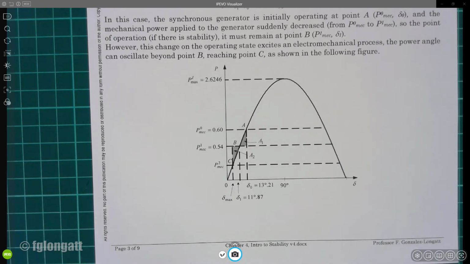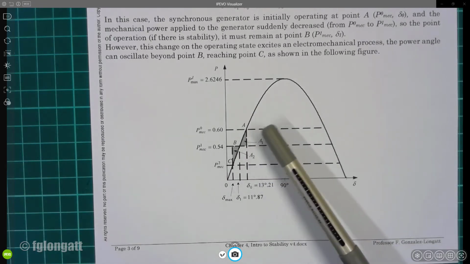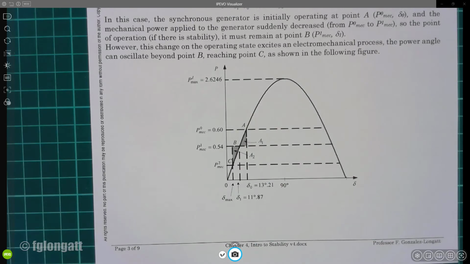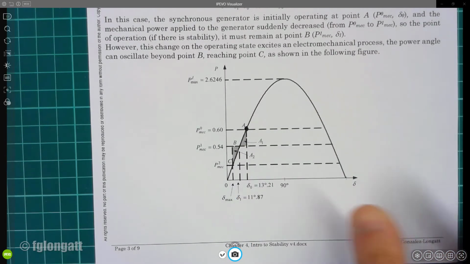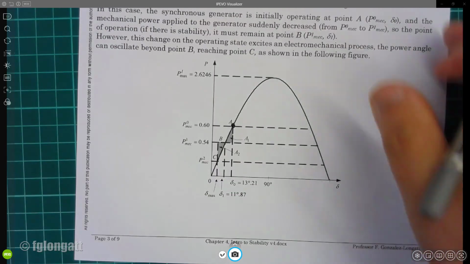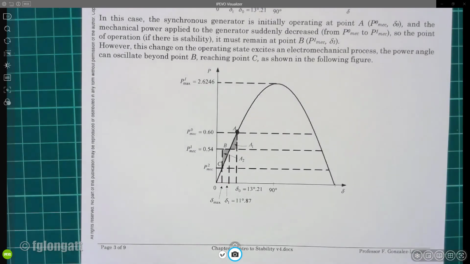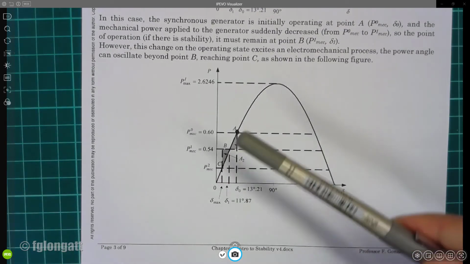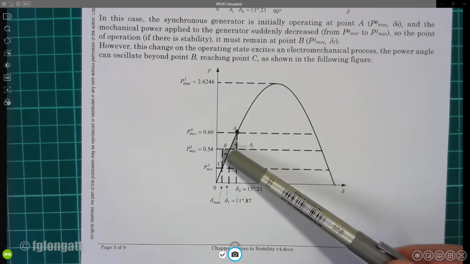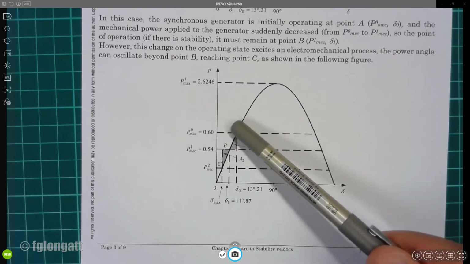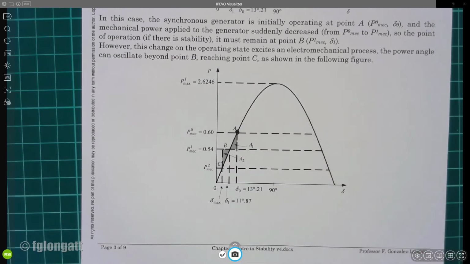Okay, and what you need to understand, and this is the important part, all my students must understand that we are at point A. We are at point A, okay? And when we reduce the mechanical power, what is happening in this region is that the electrical power is bigger than the mechanical power.